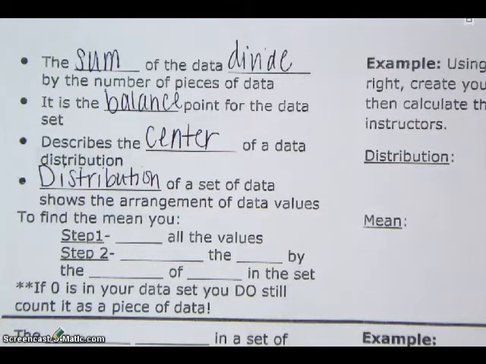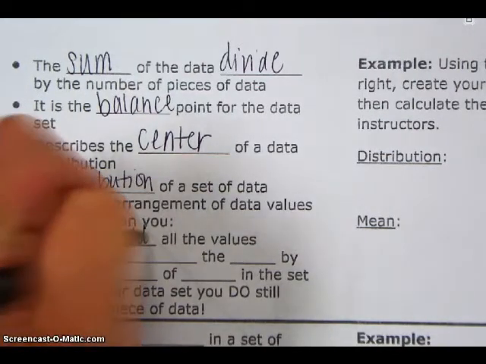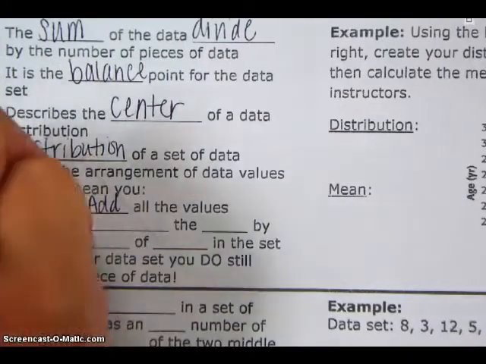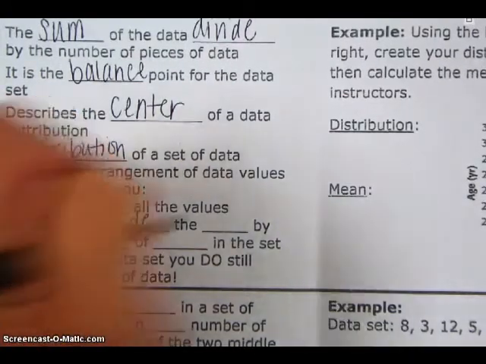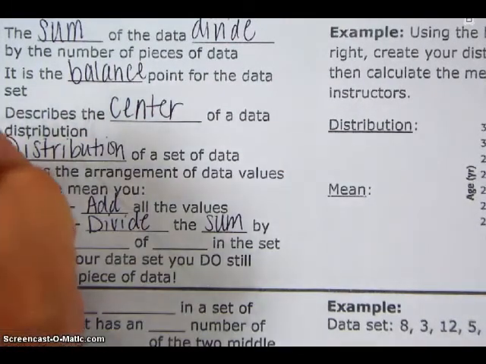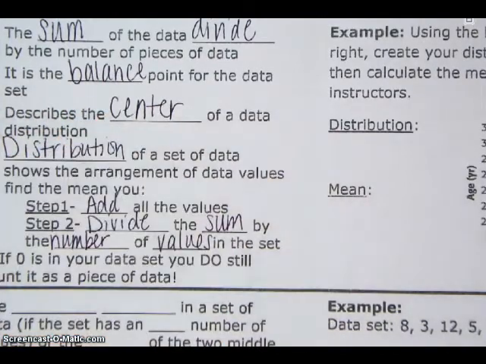Now to find our mean or average, our first step is to always add all of the values. Then once we've added them, we divide the sum by the number of values that we had in the set.